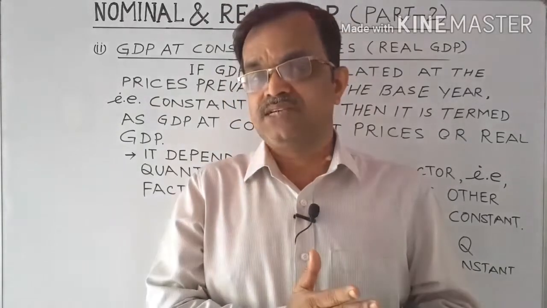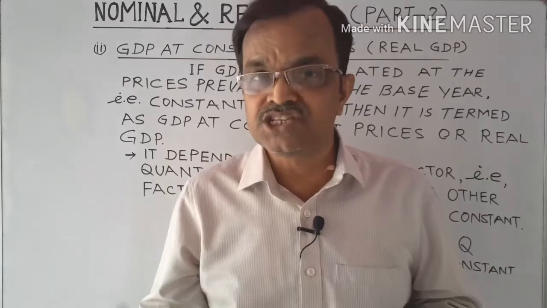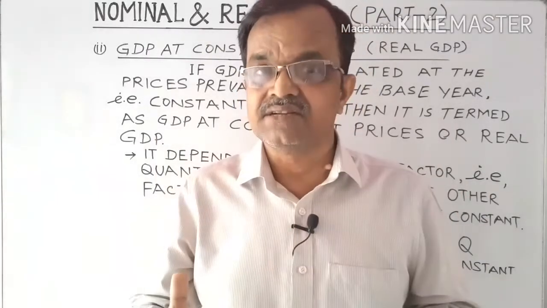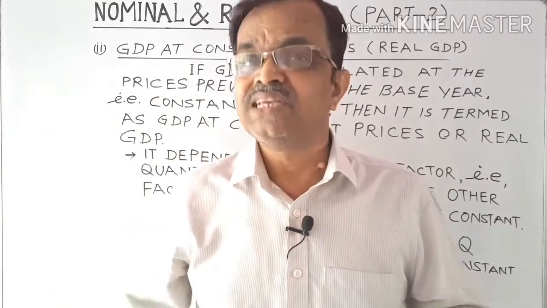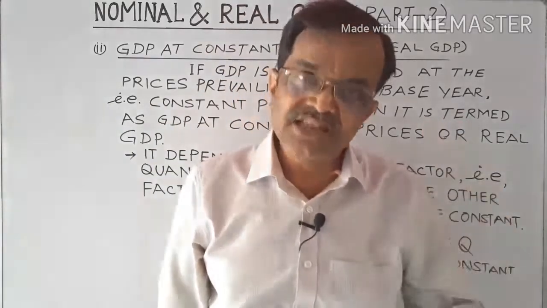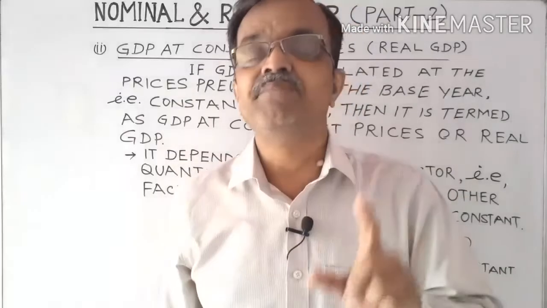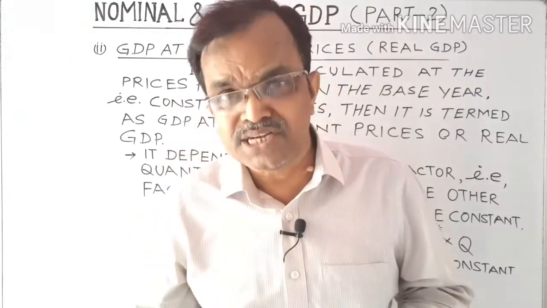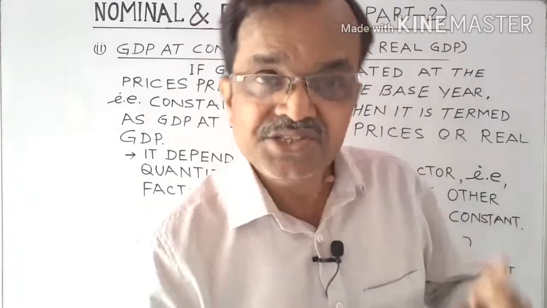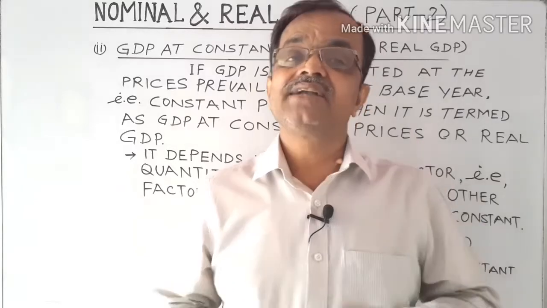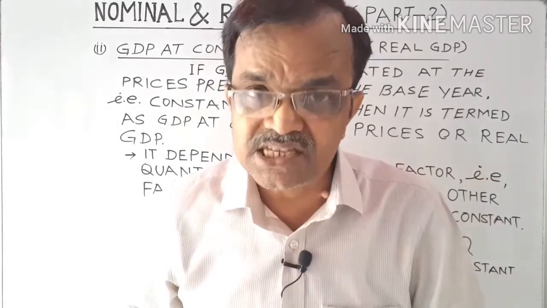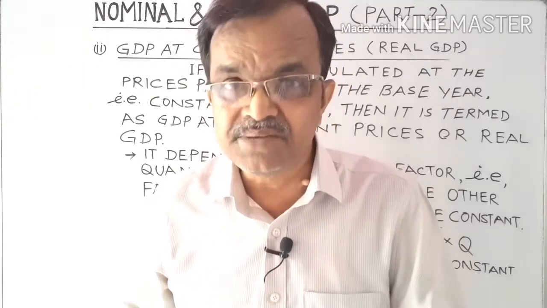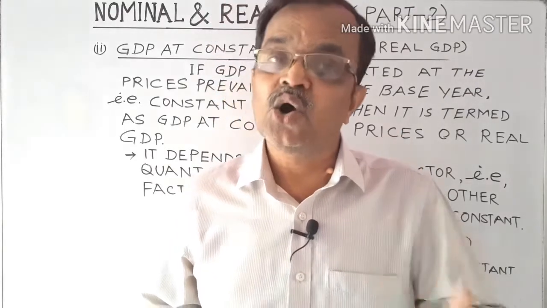At this base year's price, the computation of GDP is done every year, and since for the successive years to come GDP is computed at this price prevailing in the base year, it is said that the price is remaining constant. Thus, if GDP is calculated at constant prices or prices prevailing in the base year, it is the GDP at constant prices or real GDP.